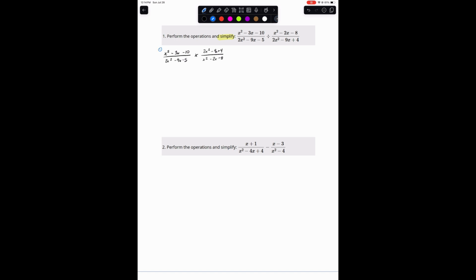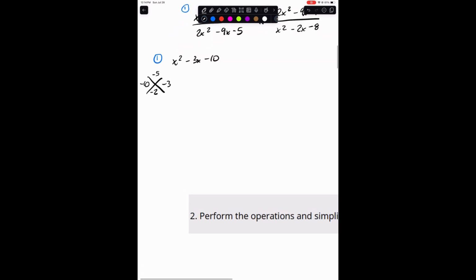If we take our first polynomial, we have x squared minus 3x minus 10. We need two numbers that multiply to negative 10 and add up to negative 3. That's negative 5 and positive 2. We can rewrite as x squared plus 2x minus 5x minus 10. Take out an x on the left side, we get x plus 2.